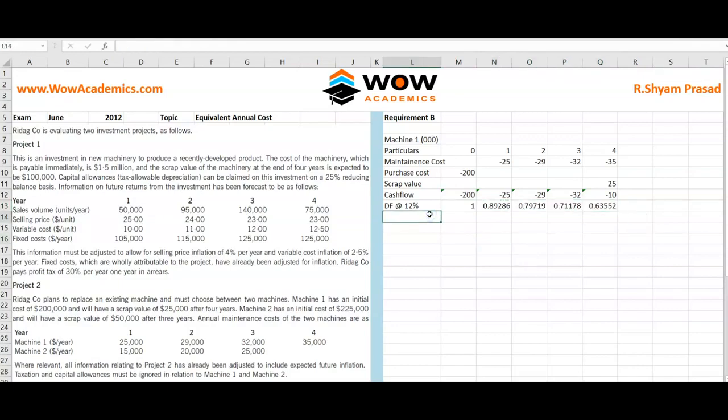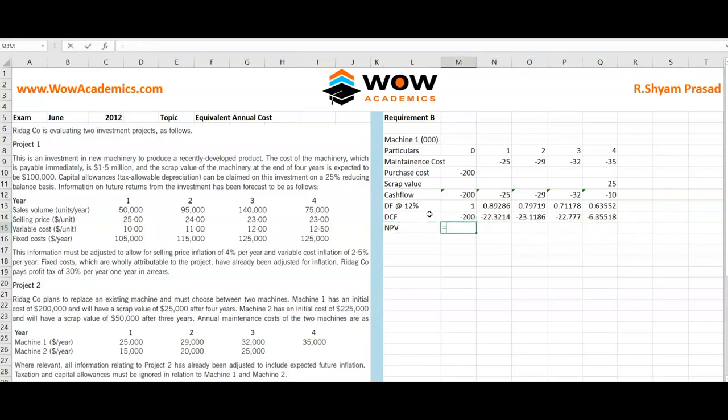The next step is to find out the DCF. DCF is cash flow into the discount factor. So we got our discounted cash flows and the last step is to find out the NPV.